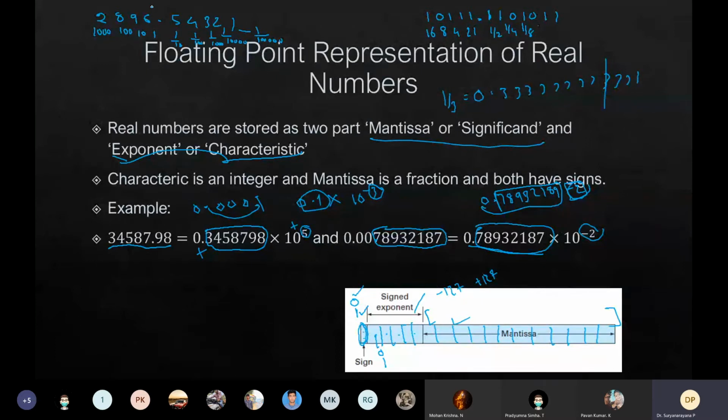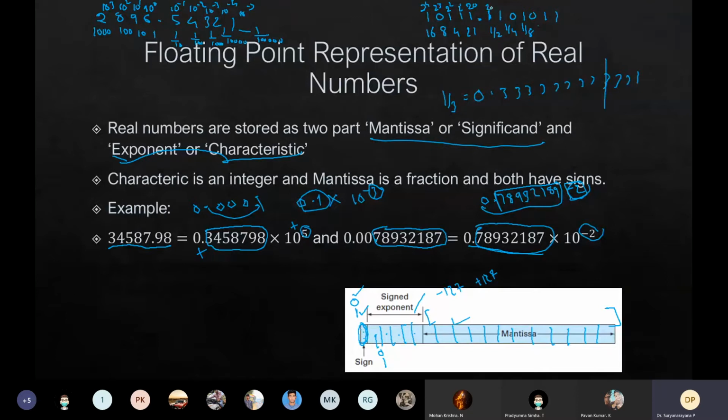Now another way of looking at it is, here this is 10 to the 0, 10 to the 1, 10 squared, 10 cubed, right? So going this way, 10 to the negative 1, 10 to the negative 2, 10 to the negative 3, 10 to the negative 4, 10 to the negative 5. Similarly, here the base of the system is 2. So you have 2 to the 0, 2 to the 1, 2 squared, 2 cubed, 2 to the 4.